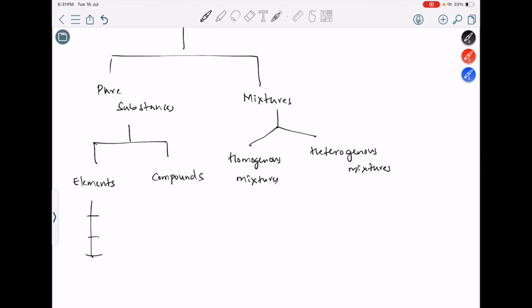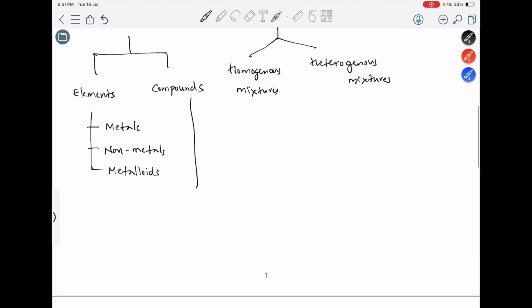The entire periodic table is made up of elements, in which we have different categories: metals, non-metals, and metalloids.